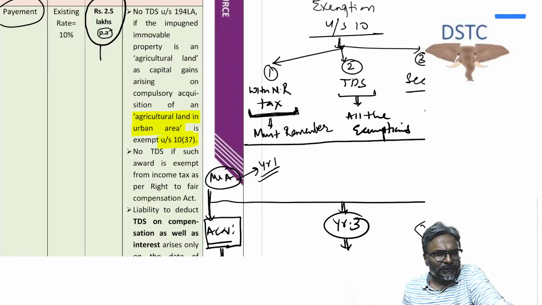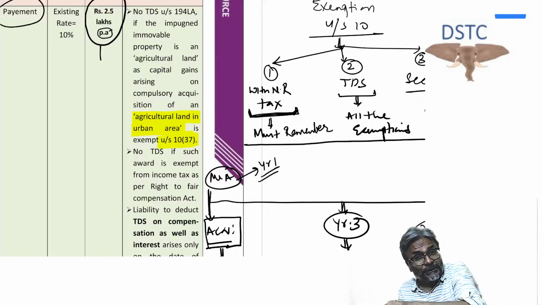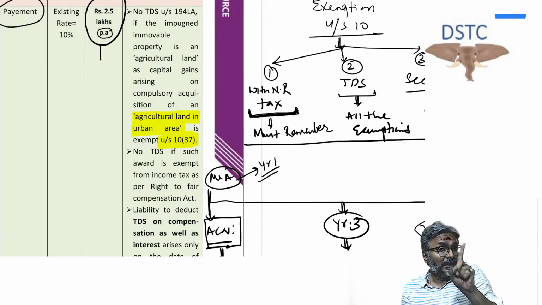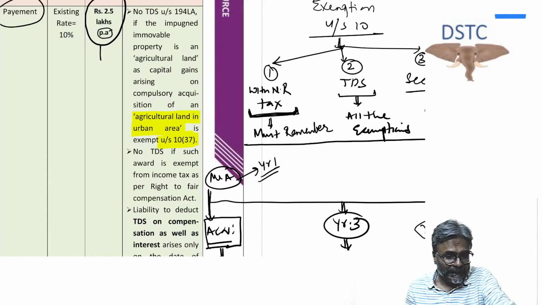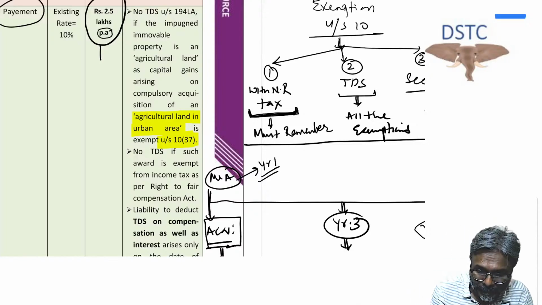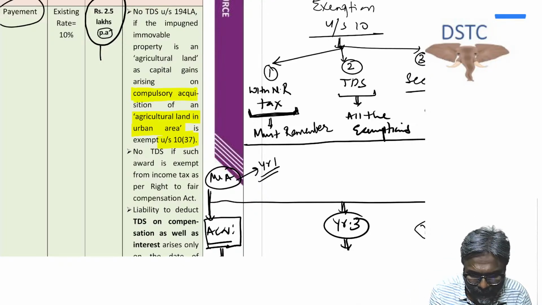So in that situation we will say that it is very much a capital asset. And because it is a capital asset, on its transfer through compulsory acquisition, very important, the exemption in this case is through compulsory acquisition. So this is an important point.